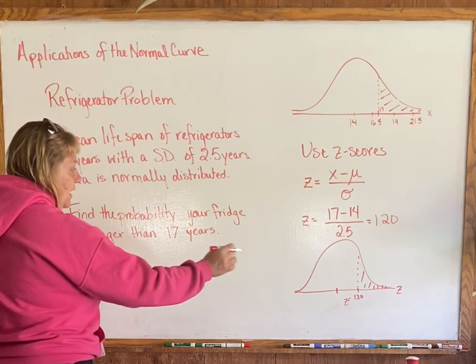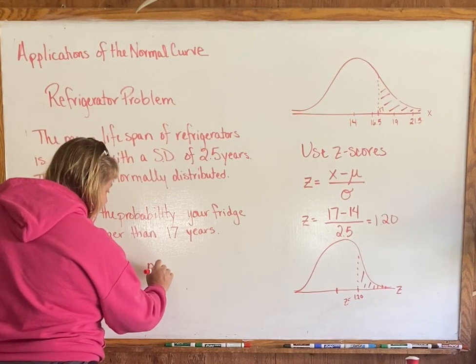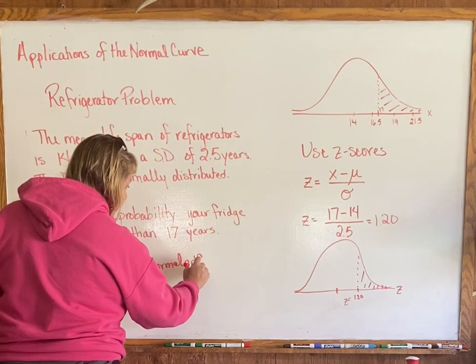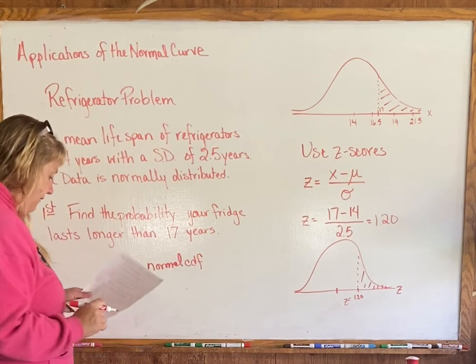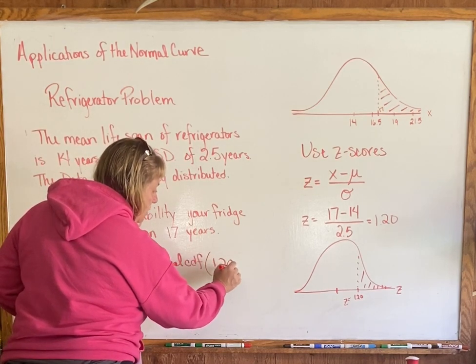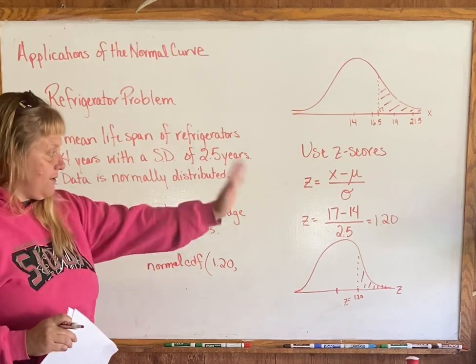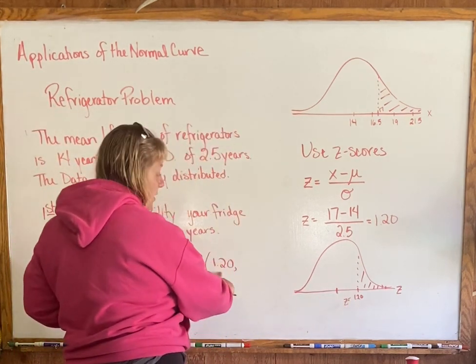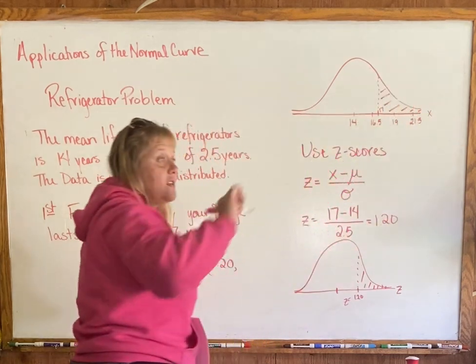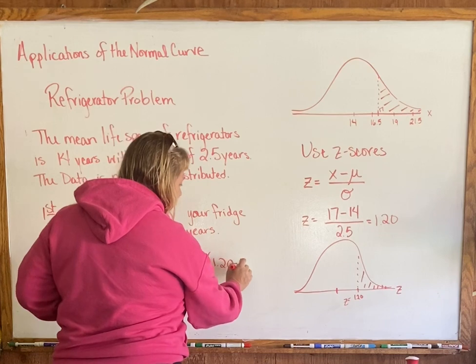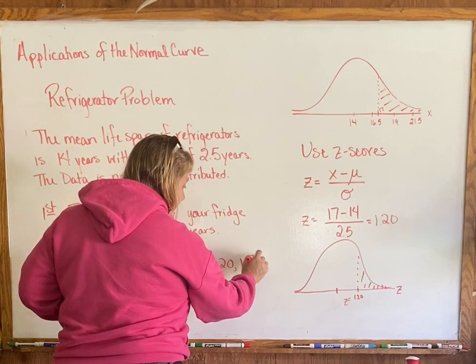We need to do normal CDF, and then we're gonna go 1.2, and remember you go from left to right. So our z-score was 1.20, and then we're gonna go on towards infinity, but remember, we're gonna just put a 10,000 there, and that should take care of it for us.